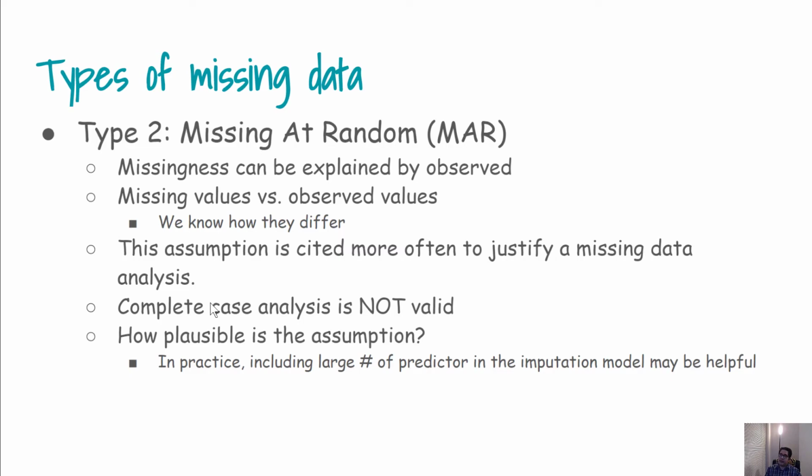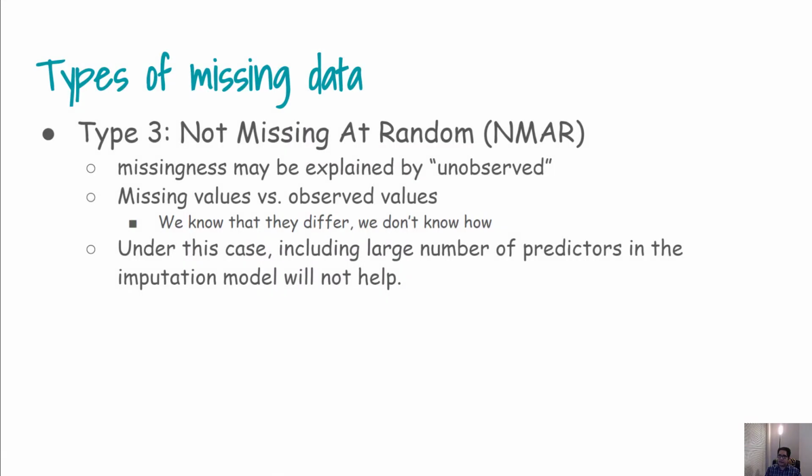Alright, so the third type of problem is missing not at random, or MNAR, or sometimes we call it NMAR.